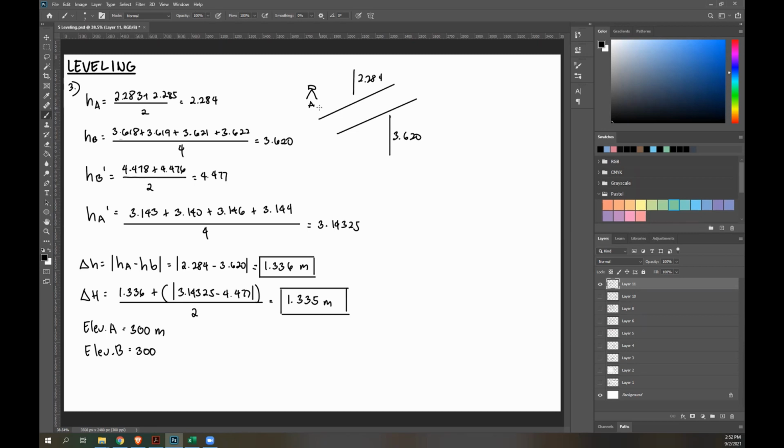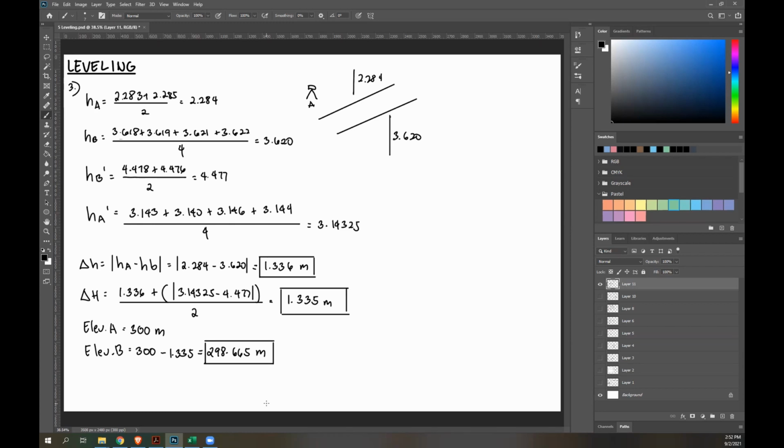And then therefore, B would be less. So to get elevation at B, that's 300 minus 1 point, your difference in H. And that would be 298.665. Okay? And that's it for reciprocal leveling.